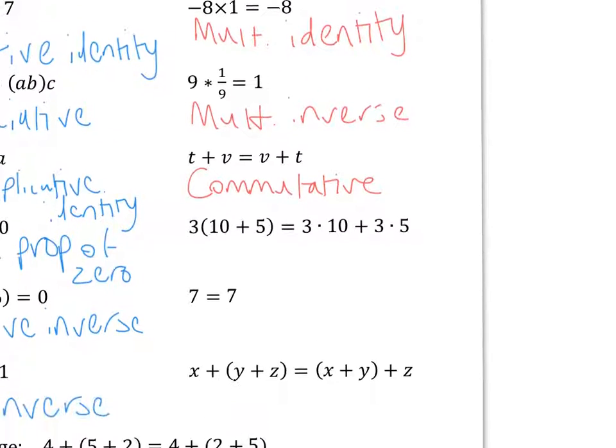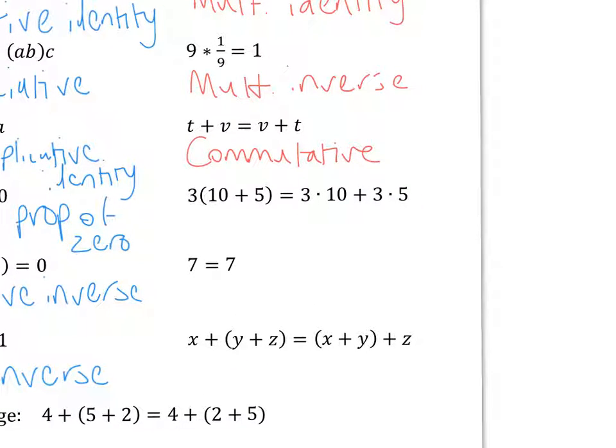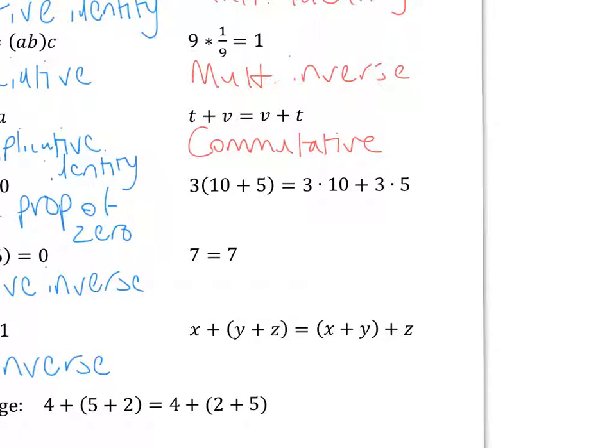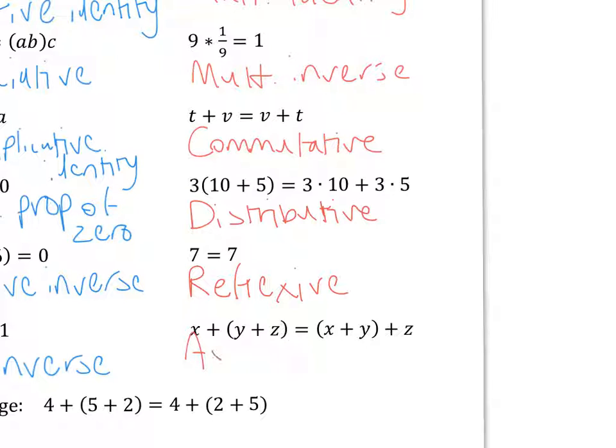And then 3 times, in parentheses, 10 plus 5 equals 3 times 10 plus 3 times 5 would be the distributive property. 7 equals 7 is the reflexive property. X plus, in parentheses, y plus z equals x plus y plus z would be the associative property because I'm shifting the parentheses.